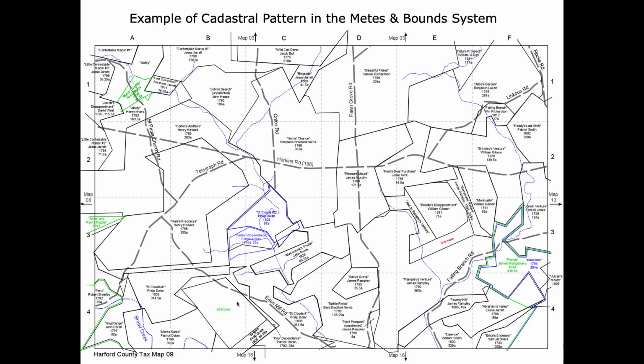You can see this dashed line, or these are roads. The solid lines are parcel or property boundaries. And each one of those survey lines is based on landmarks that may or may not be there anymore. So this is an example of what a metes and bounds survey system is like.